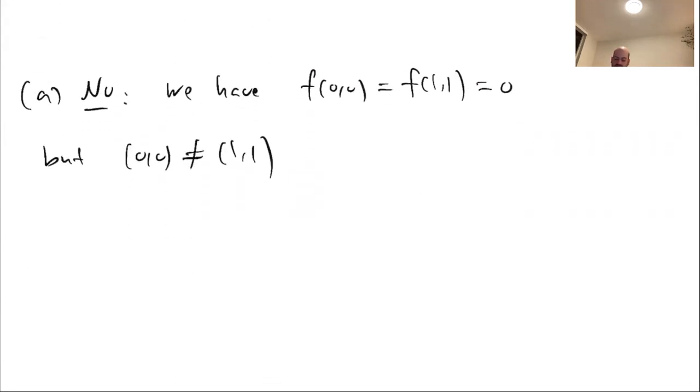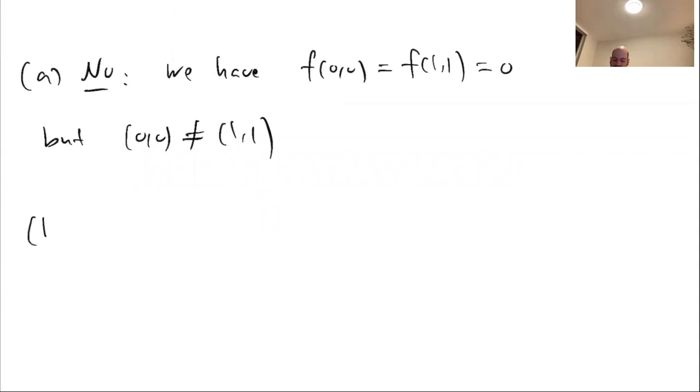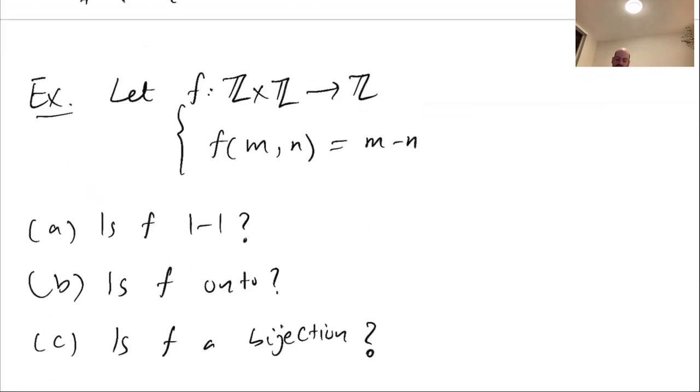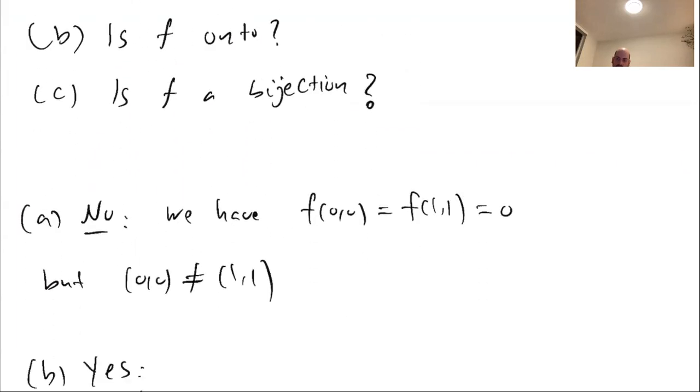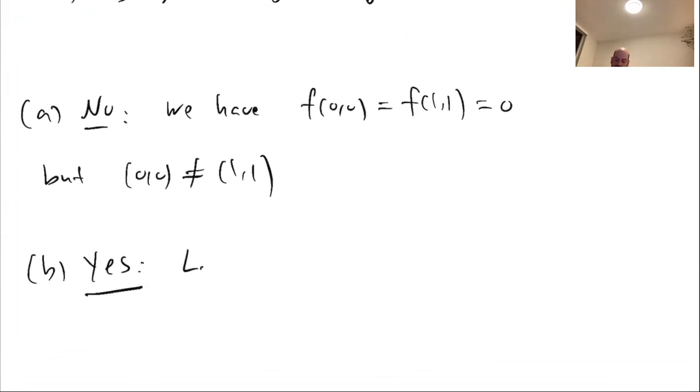So part B, my guess is yes, but if I want to justify, I cannot use examples. I have to prove in general. How can I prove in general? Well, I have to consider an element in the codomain. So let's say A in codomain Z. Now I have to show that this is one of the outputs.